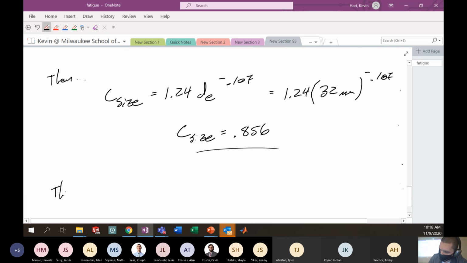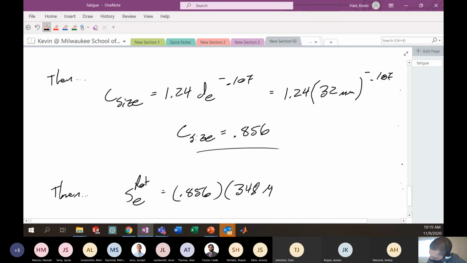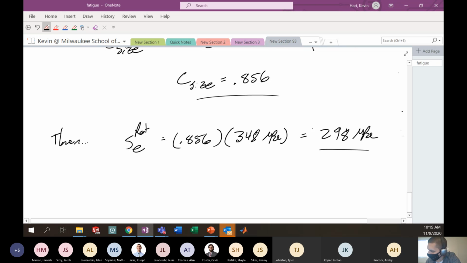So I'll say SE for rotating, because that's what we're doing here. Size modification, 0.856 times our pristine endurance limit, which we calculated before, 348 MPa. And we'll have that the endurance limit in the rotating mode is 298 MPa. So here's our answer for the first part of the problem, Part A, calculating the endurance limit in the rotating mode.